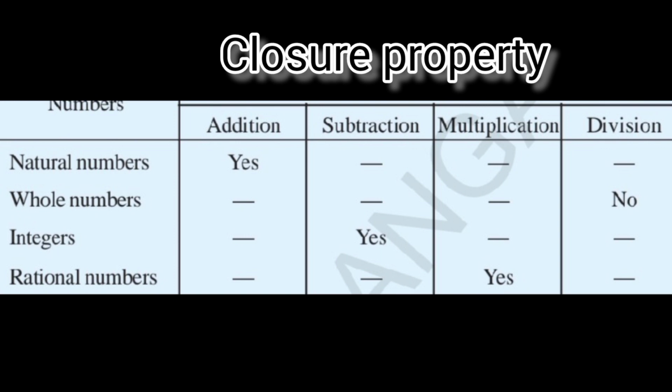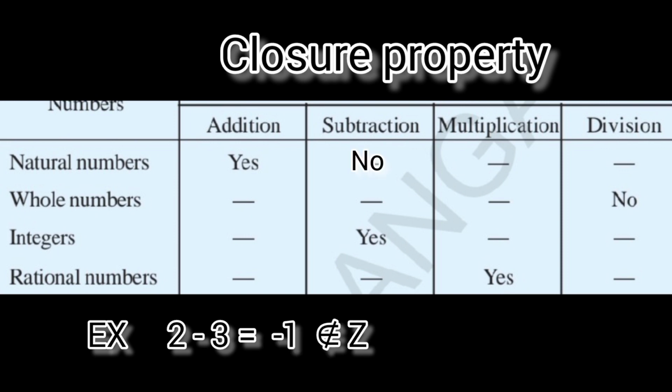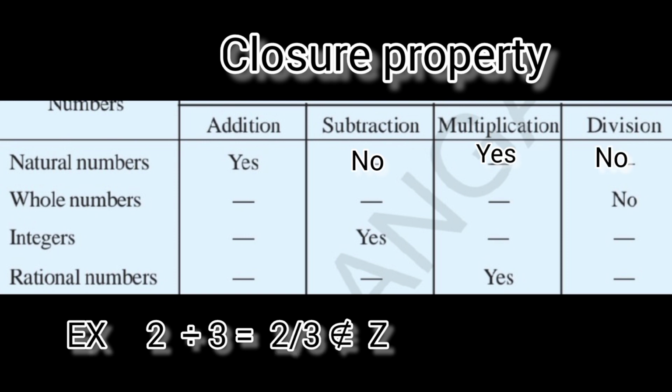So now we can fill this table of closure property under addition, subtraction, multiplication and division for natural numbers, whole numbers and integers. You can do it using a few examples as we have done for integers. For natural numbers, the addition property is satisfied, subtraction is not satisfied, multiplication is satisfied, division will not be satisfied.